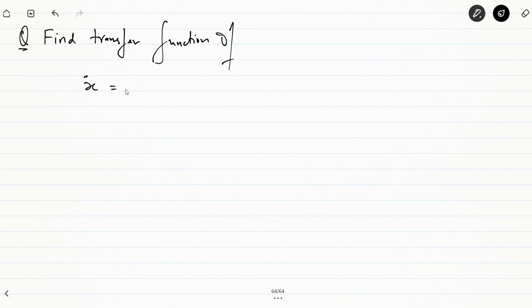So let's find the transfer function of the following state space model. x dot is equal to [0 1; minus 6 minus 2] [x1 x2] plus [0 1] u.